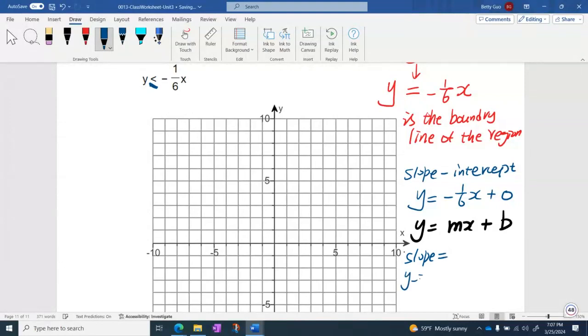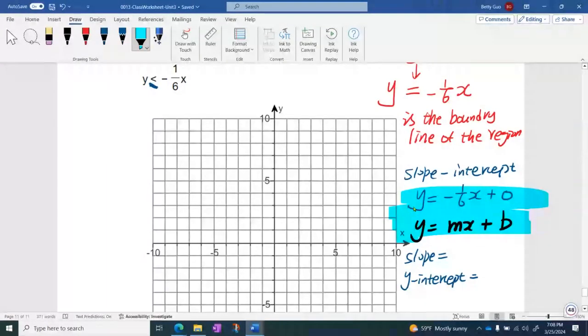What's the slope? Look at here. What's the slope? And what's the y-intercept?